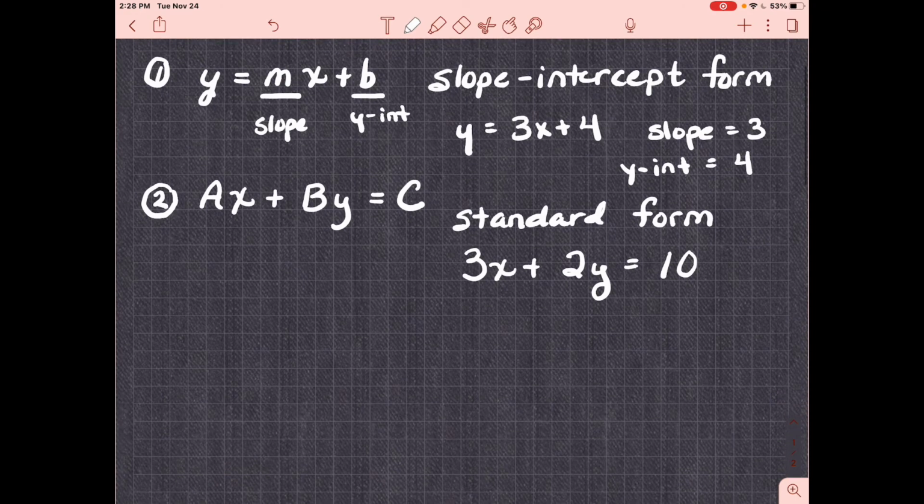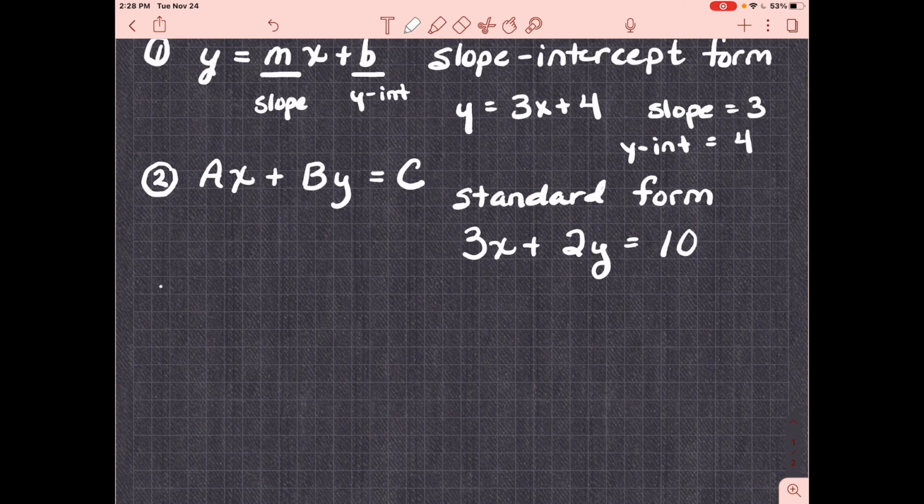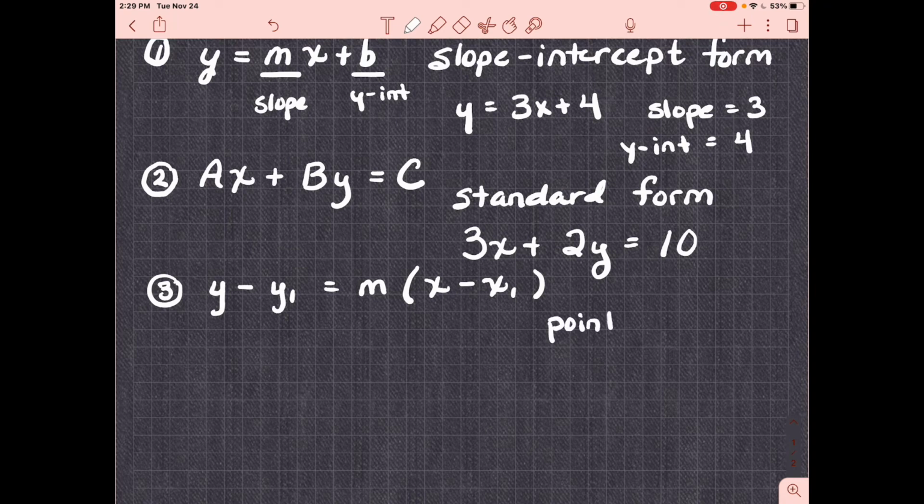The third thing we've learned about is another form of the line, and it goes like this: y minus y1 equals m times x minus x1. Let me tell you what it's called. It's called point slope form, because we can see a point.